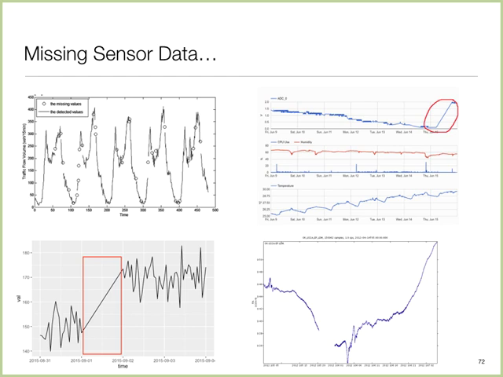Oftentimes we have multi-channel sensor data. It could be that one sensor has a gap but other sensors do not, so I can look at the neighboring channels. For example, let's say my gyroscope data got crashed or messed up, but I have the accelerometer data. Maybe I can use that to fill it in.